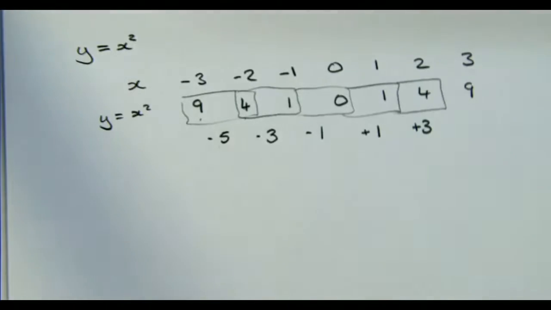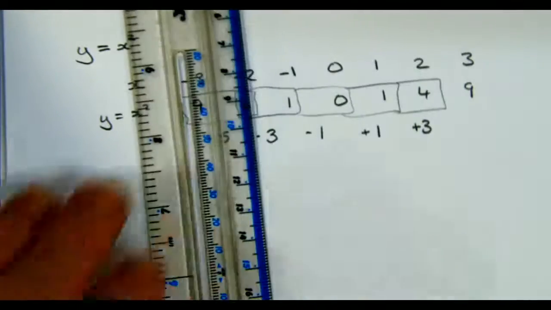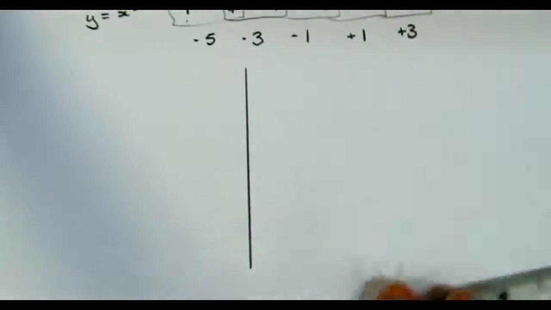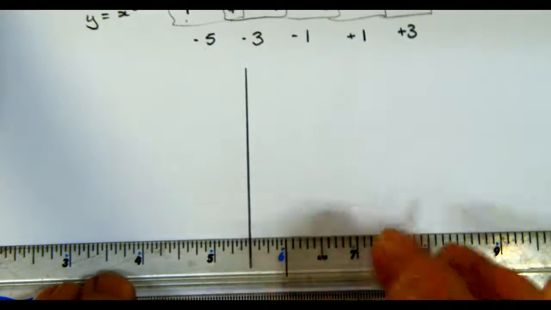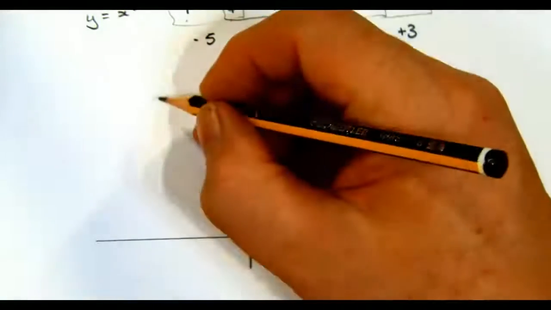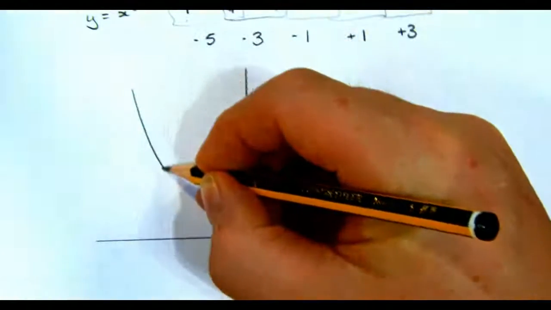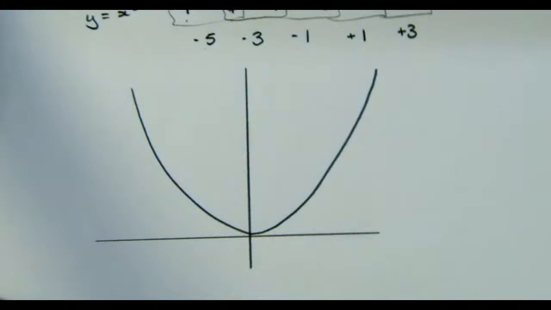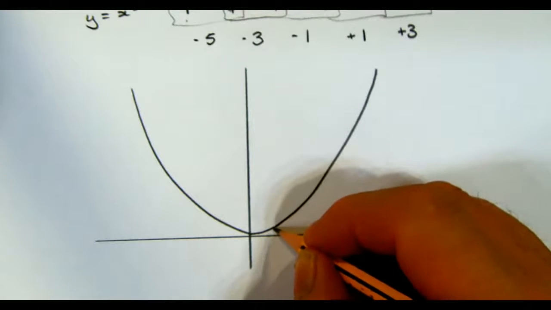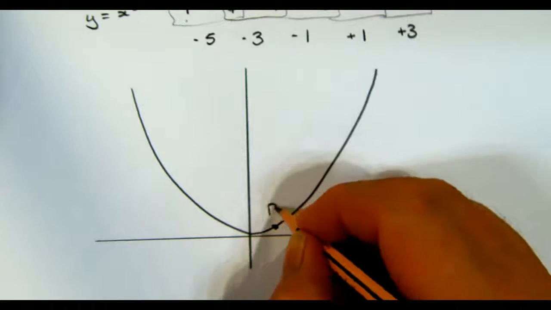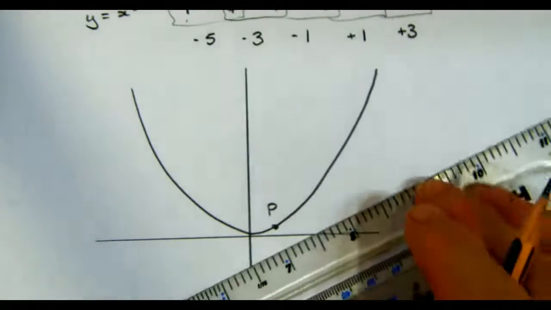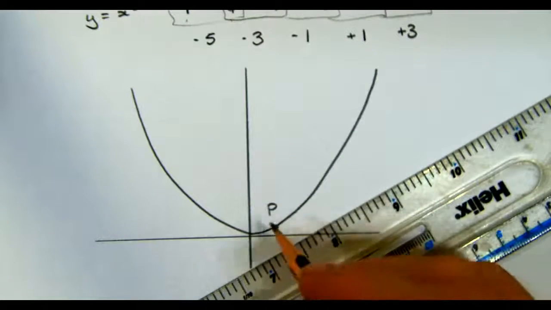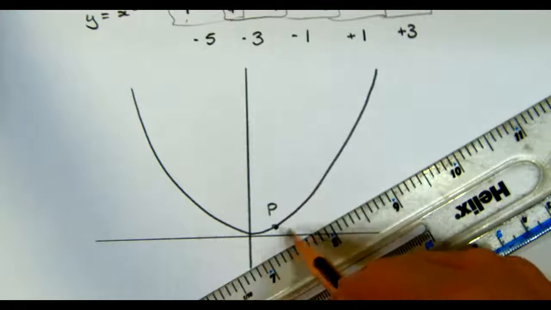So what we're going to try to do is look at, if I draw in some sort of curve here, then if I look at a point here, P, we're going to try to have a look at this change here.